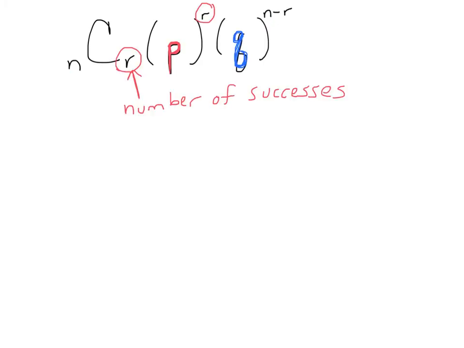Okay, so some important things to remember. P represents the probability of success, which means it's what you're trying to get exactly. And Q represents the probability of failure. Remember that P and Q together have to equal 1. And then R is the number of successes, and that goes in 2 spots.